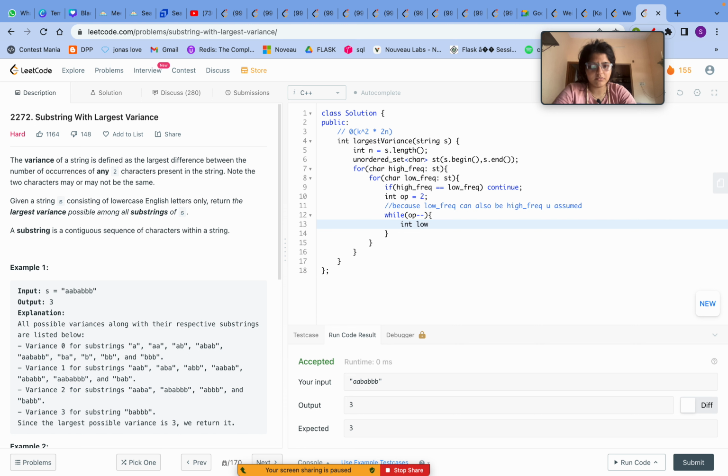You can maintain 2 variables, low frequency and high frequency, and consider them as low and high. Then a for loop over the whole string, and then you can say if your ch is equal to the high frequency character, you can rename it as character 1 or character 2, it will be easy for you.